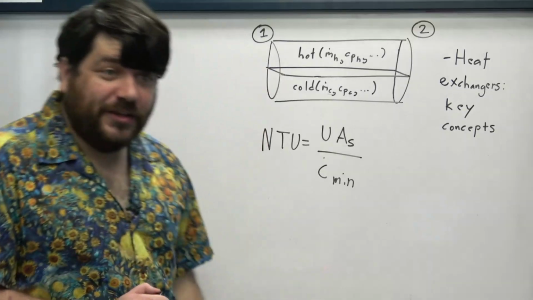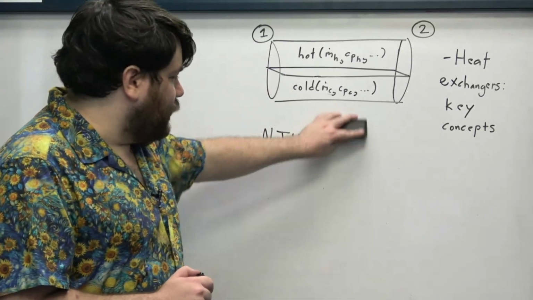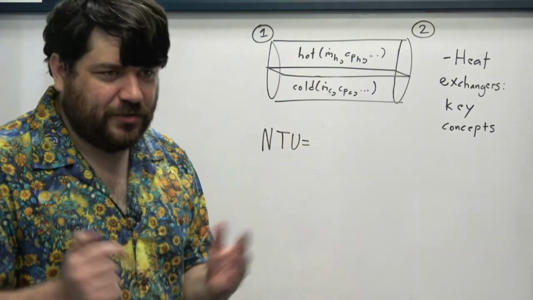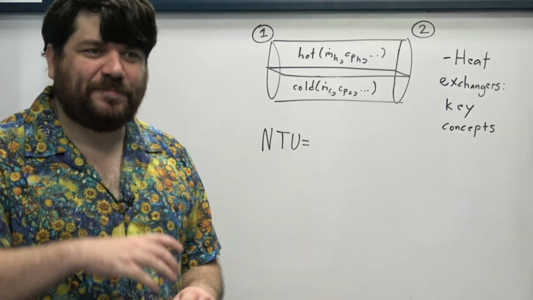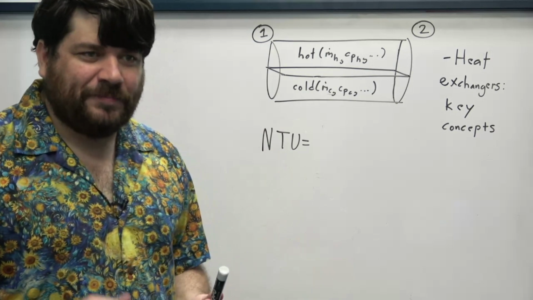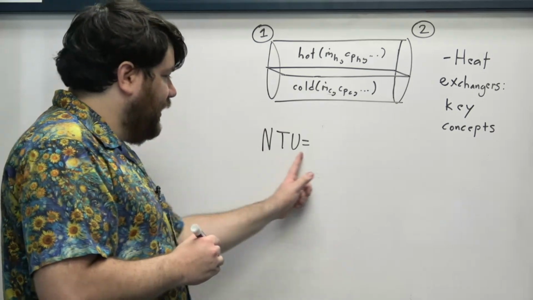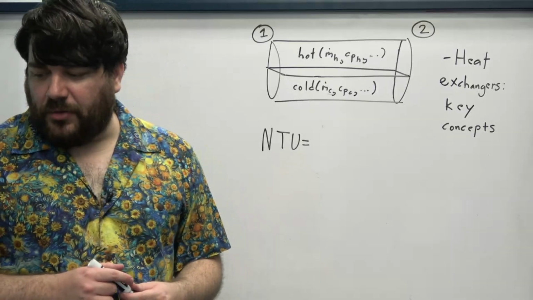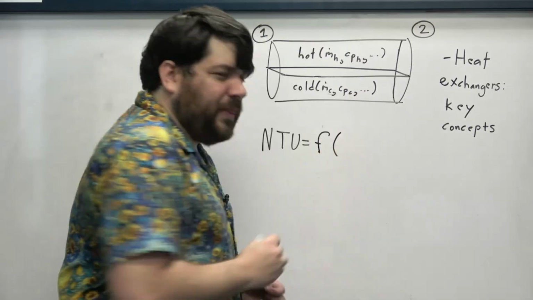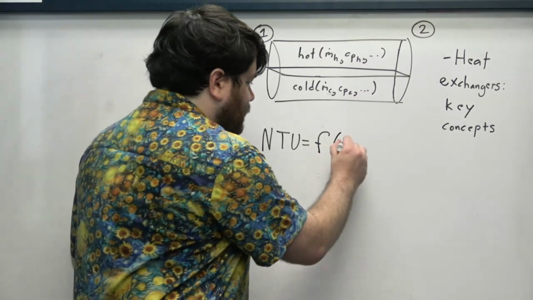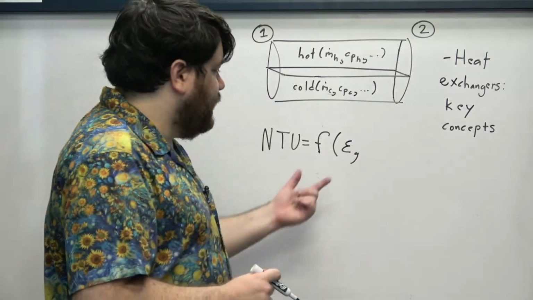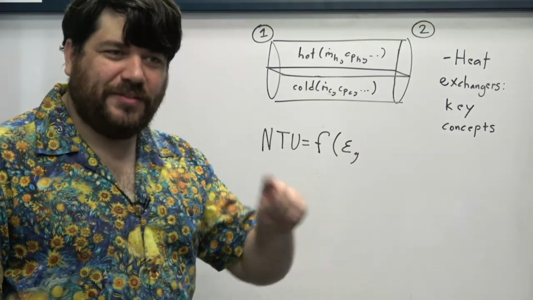And so it turns out that for heat exchangers, we can do the exact same kind of dimensional analysis to create experimental dimensionless parameters that have to be a function of each other. From the perspective of heat exchangers, this NTU is almost always referred to as being explicitly a function of the effectiveness, and more often than not, as a function of the ratio of the heat capacity rates.